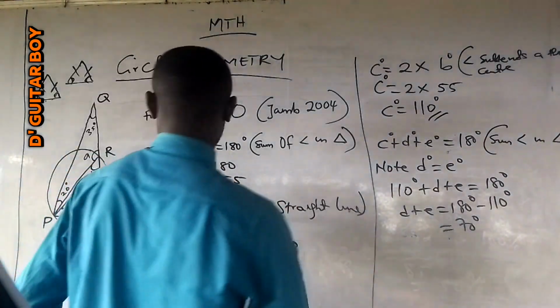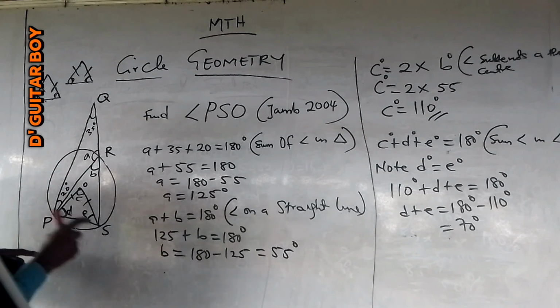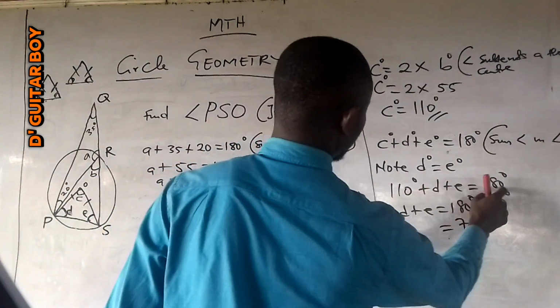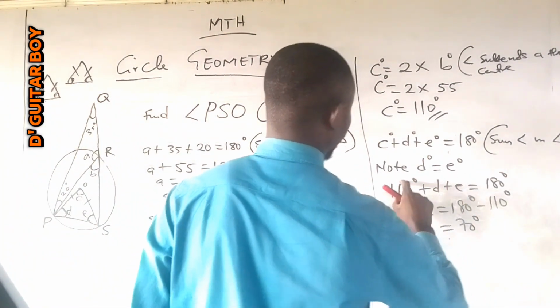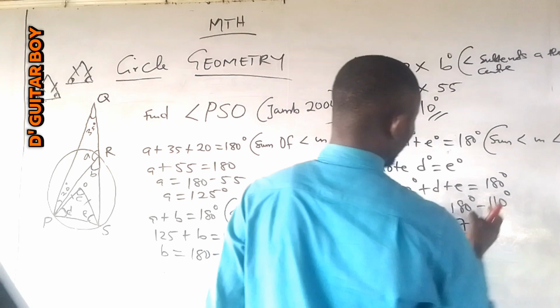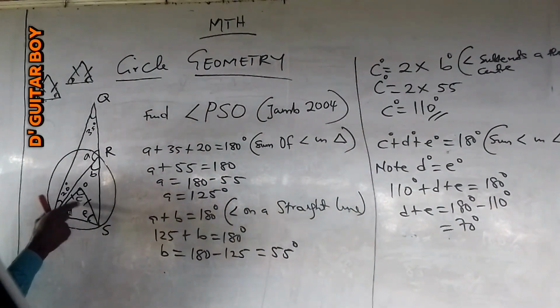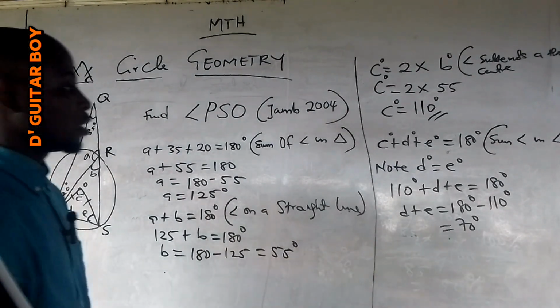What we did was that the sum of the angles, which is 180, we removed this 110 degrees from this 180 degrees to give us this 70 degrees. The remaining 70 degrees after we remove C from the sum of the angles in a triangle will now be divided by 2. If we divide it by 2, it will give us 35 here, 35 here, because we know that base angles of an isosceles triangle are equal.